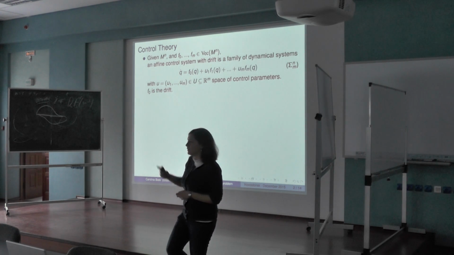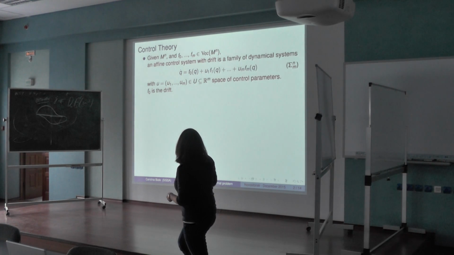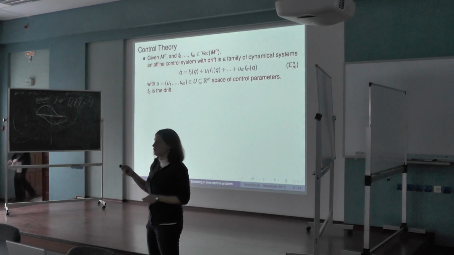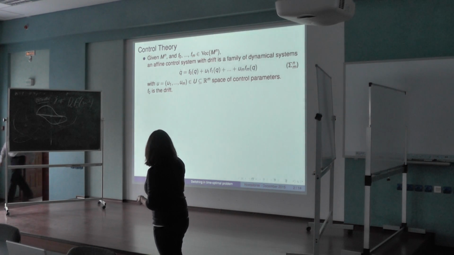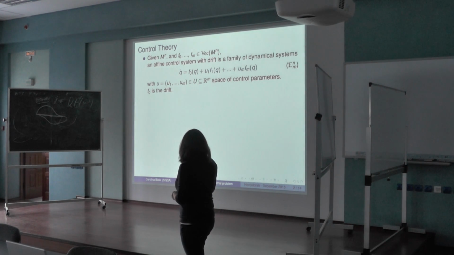We will call little u the controls and U the space of control parameters. This is an affine system because in this equation the controls appear in an affine way. And we have a drift, that is an uncontrollable vector field of our system.